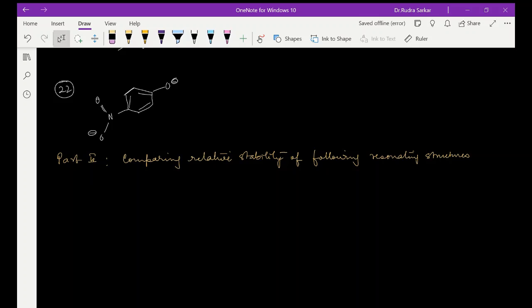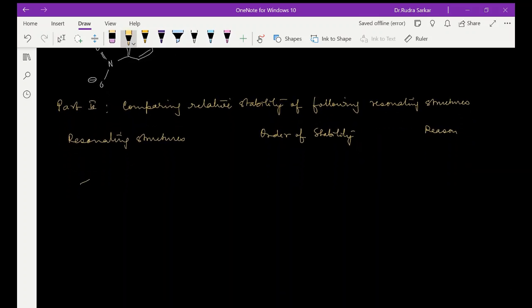So let's create a table. We will say resonating structures, order of stability, and here we have the reason for it.